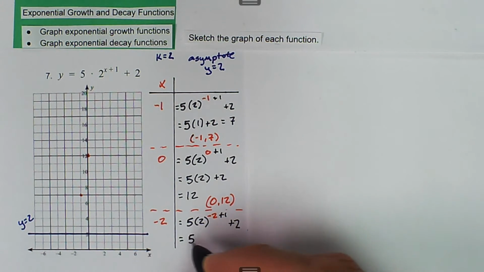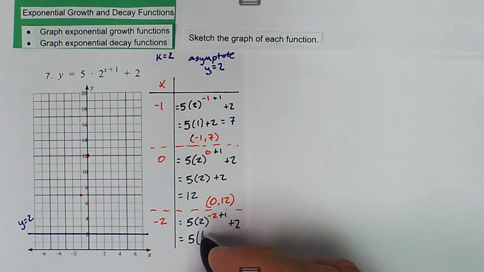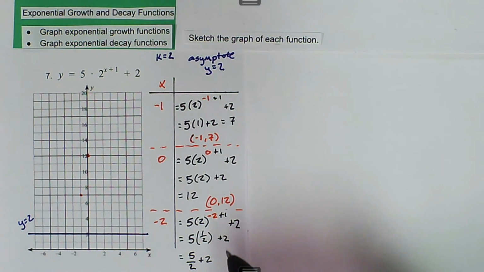So the 5 comes down. Negative 2 plus 1 is negative 1. So we use our negative exponent rule, and we're going to flip the 2. So that becomes 1 over 2, plus 2. So that's 5 over 2 plus 2. And so that's actually 4. So that's going to be 9 over 2.